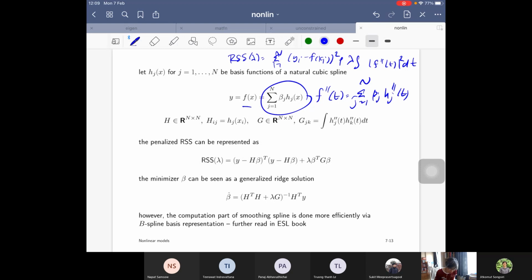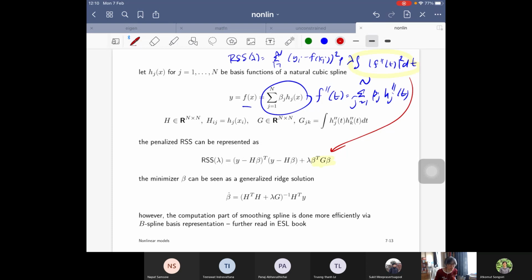Maybe an exercise for you, because this is going to take some time, is to see that this integral can be represented in vector form as beta transpose G beta. This is a good homework exercise, maybe the last one, because today is the last lecture.